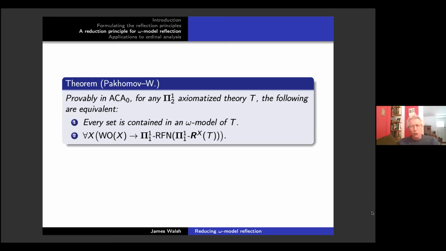Can I ask a question also? Sure. About the formalization of the notion of omega model in second order arithmetic. Any model of second order arithmetic thinks that it is an omega model, is that right?